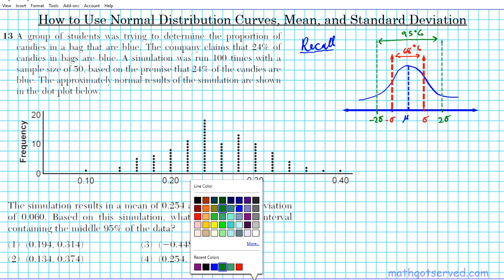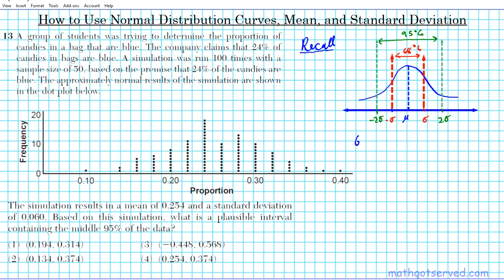Okay, so let's go ahead and write down what we have. So 68% of the population falls within 1 standard deviation to the left and right of the mean. So mu plus or minus 1 sigma, or just plus or minus sigma.